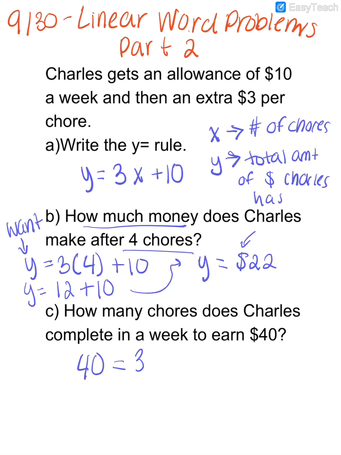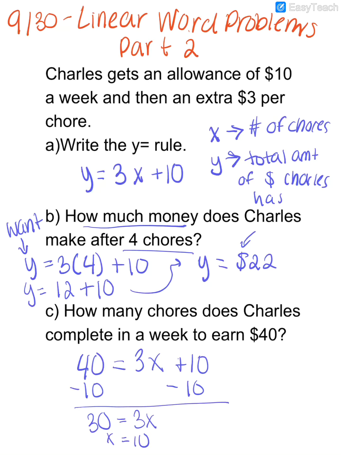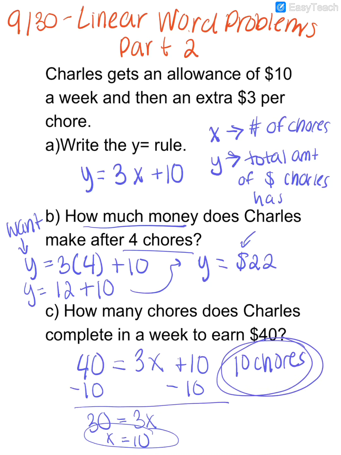And we want to know the number of chores, so we want to find this x value. So now we're going to solve for x. I'm going to subtract 10. So I got that x equals 10, which means he has to do 10 chores to get $40. So our final answer is 10 chores.